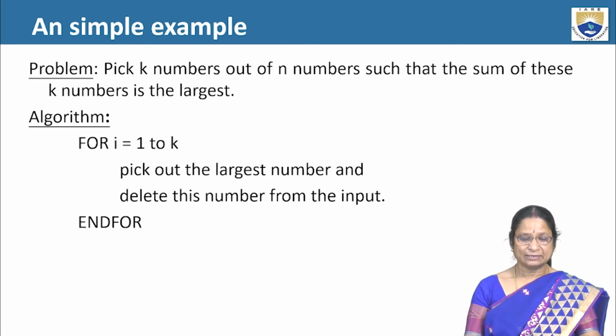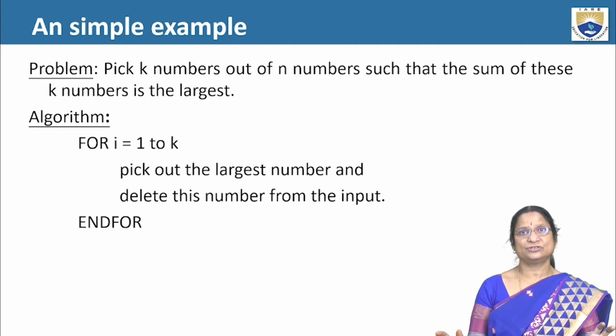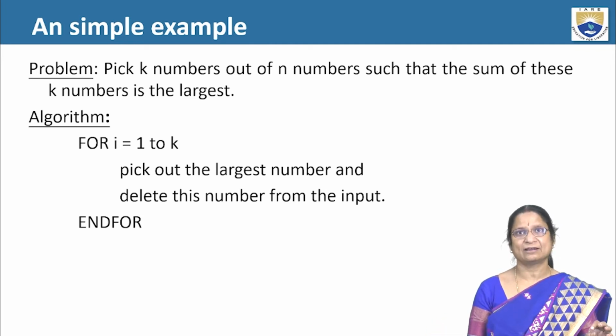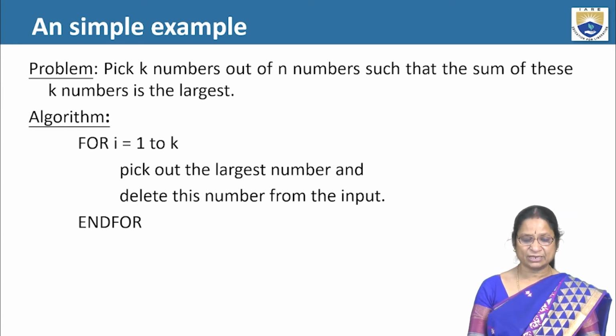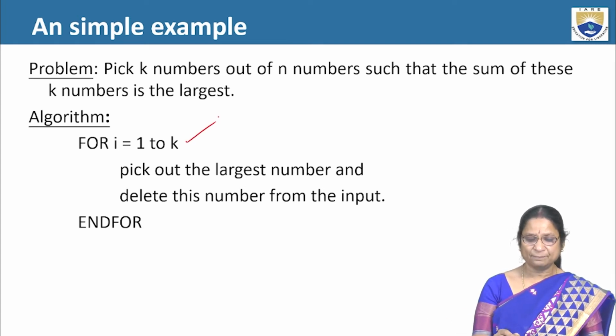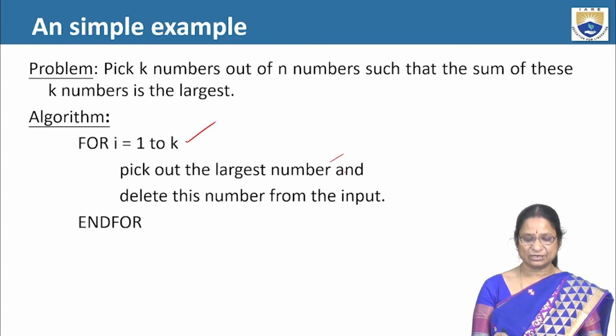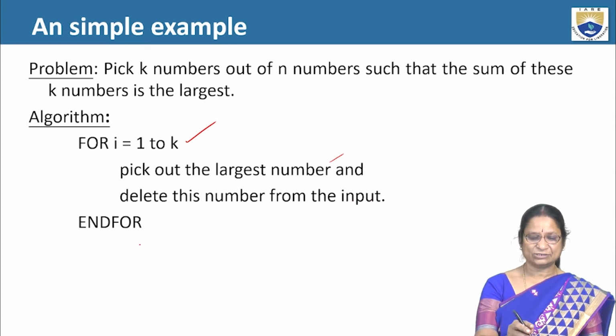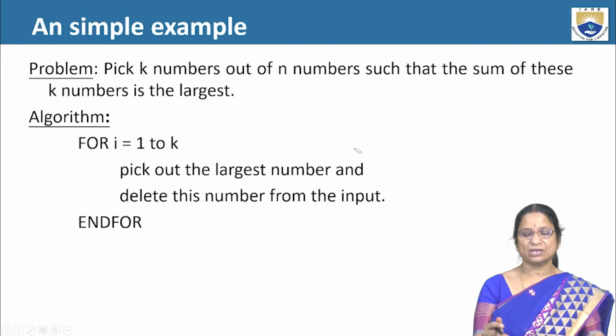In a normal situation, we first select the maximum, then the next maximum, etc., but here the input is not in sorted order. So for i equal to 1 to k, we repeat the loop k times. Pick out the largest one, delete this number from the input and add it to the solution.